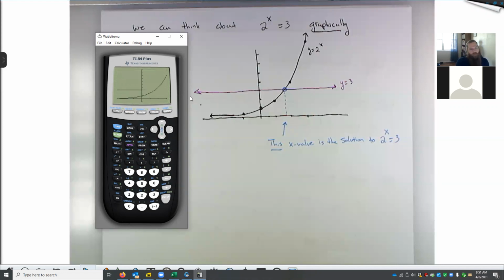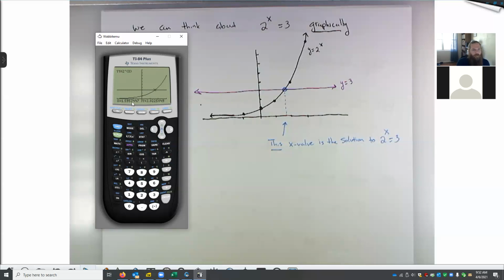Okay, so here's 2 to the x, here's 3. If I take this trace tool and I walk my cursor as close as I possibly can to that number, this x value, 1.65, there we're at 3.15, that's a little too big. If we come back just a teeny bit, there we go, that's better. 1.595. Maybe if I come back a little further, that's too small.